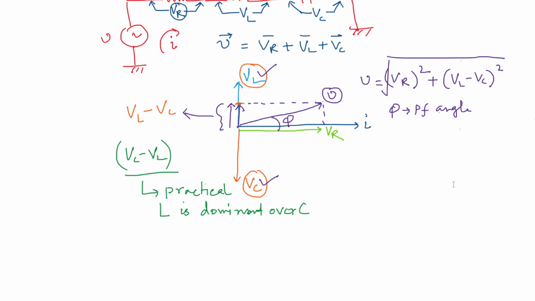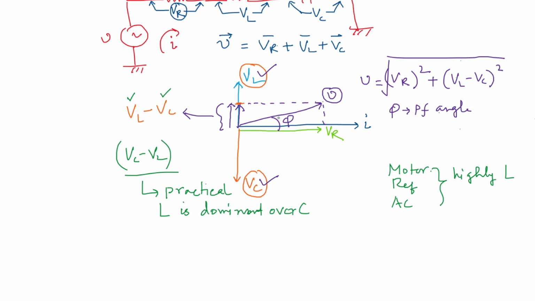If you take any load, let us say a motor, a refrigerator, an AC, whatever load, they are highly inductive in nature. So in practical cases in our electrical system, inductance is dominant over C. So it is expected that the voltage drop across inductance is greater than the voltage drop across capacitance. That is why it is recommended to take VL minus VC.